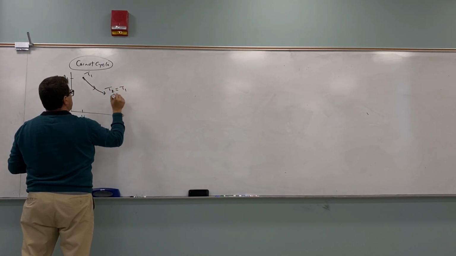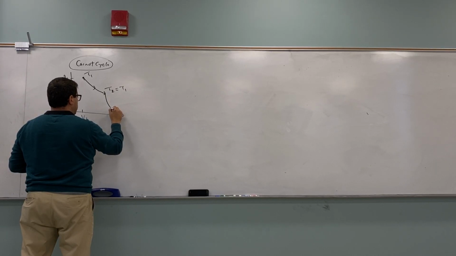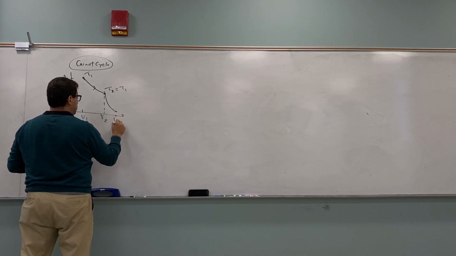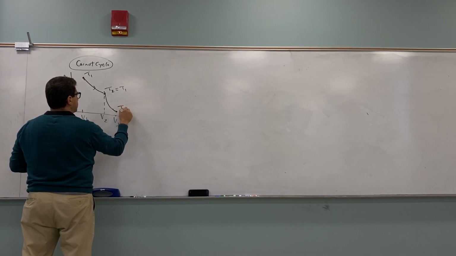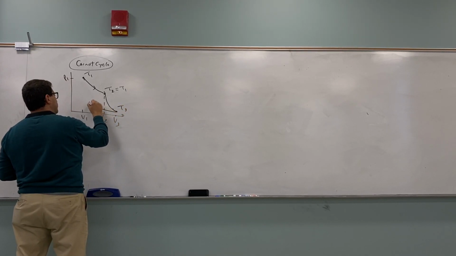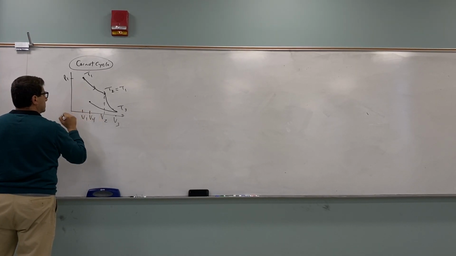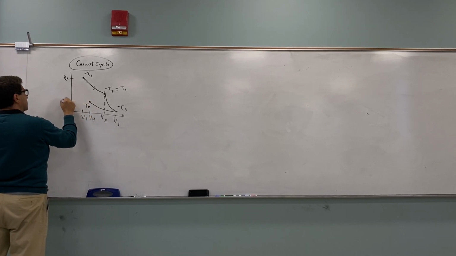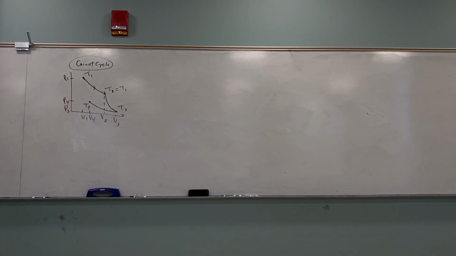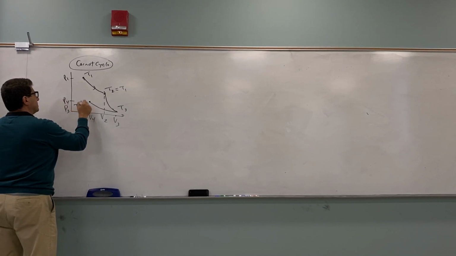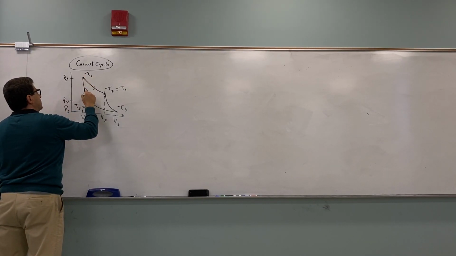T2 is going to be the same as T1, and then you drop to a different temperature. This is going to be V2, this is V3, this is T3, and you go back up. This is V4, T4, P4, and this is P3. T4 is going to equal T3. Then you're going to go back up, adiabatic.